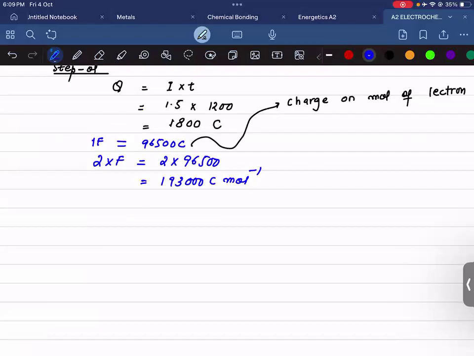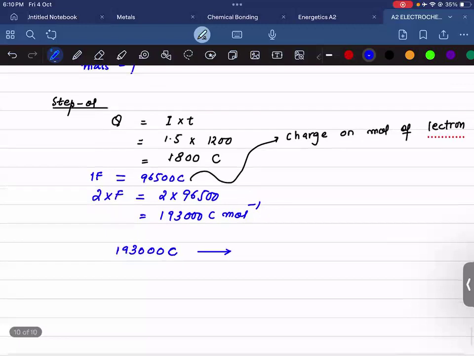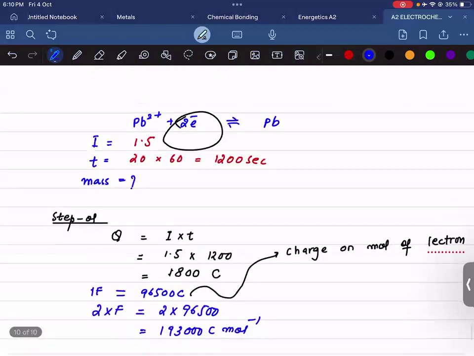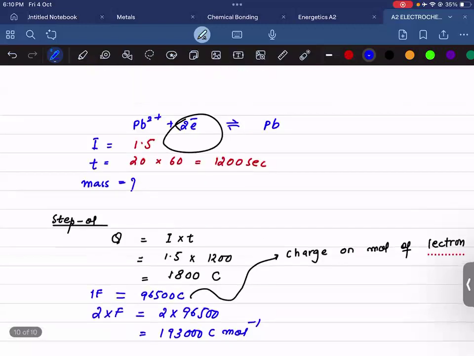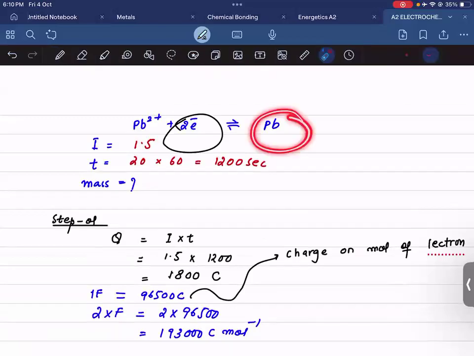I'm giving you a very important concept. It means that this much charge is required to deposit, according to the equation, 1 mole of lead. To form 1 mole of lead, I need 2 electrons.